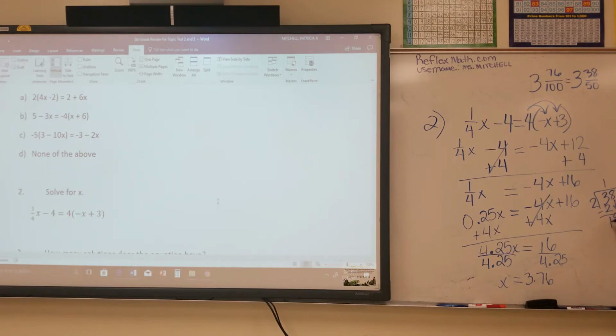Bring down the 8. 19 times. And then 2 goes into 50, 25 times. So, if for any reason the decimal is not there, your fraction would be 3 and 19 over 25.